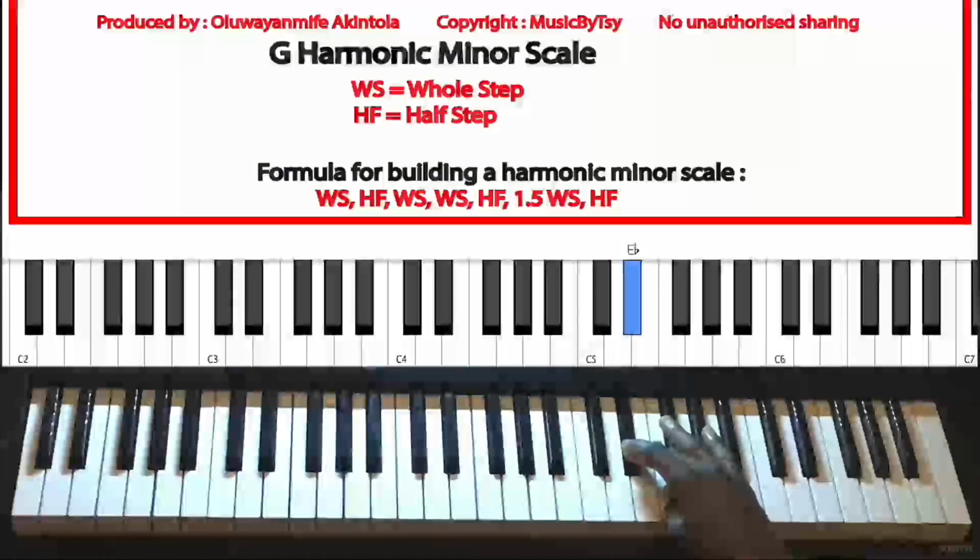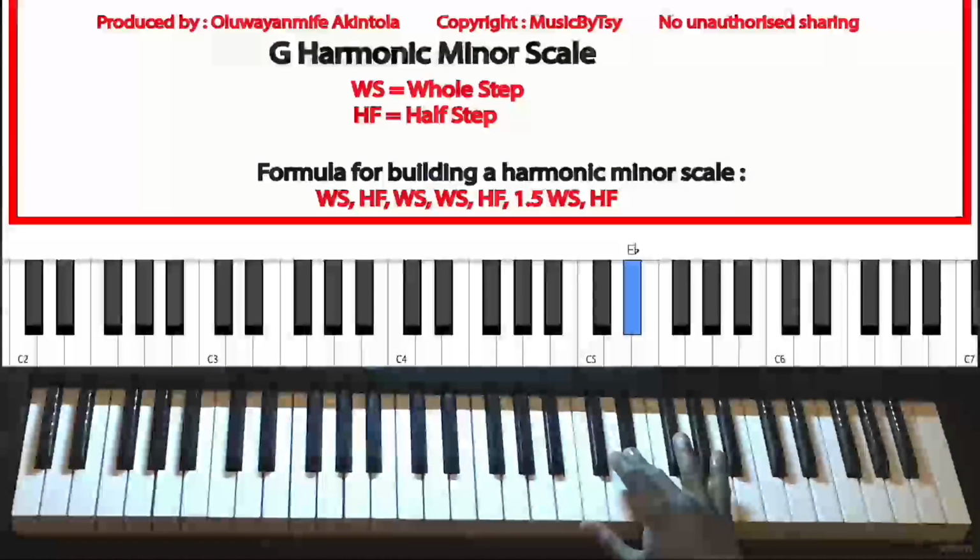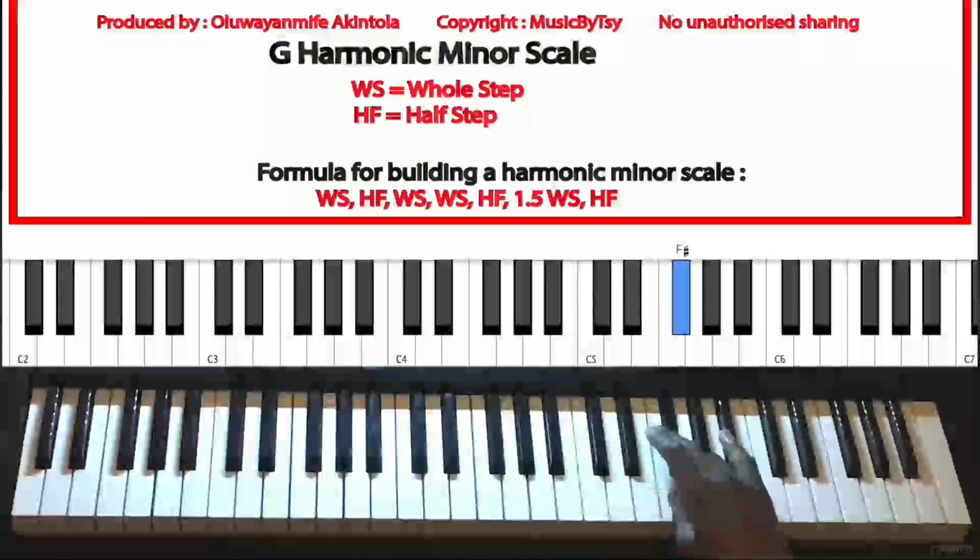However, because we are building the G harmonic minor scale, the seventh note is going to be the key of F sharp. See that? So the seventh note has been increased by a half step.